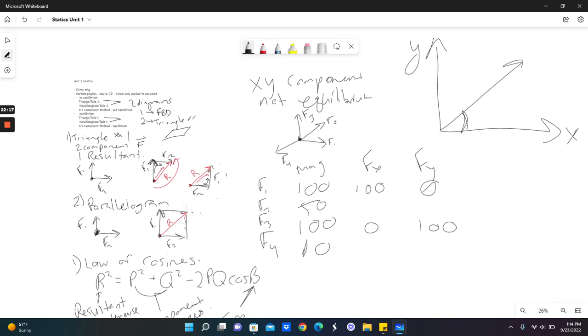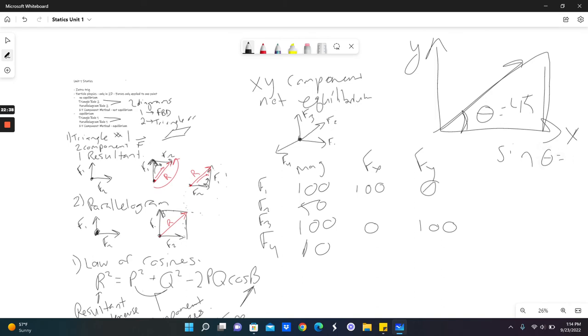F2 is a little bit harder, but we're going to get this angle here, theta. Let's say theta equals 45 for this case. What we're going to find is if we follow our trig, well, we were also given these equations, but let's solve it anyway.